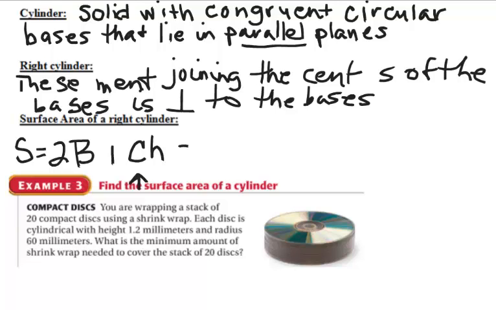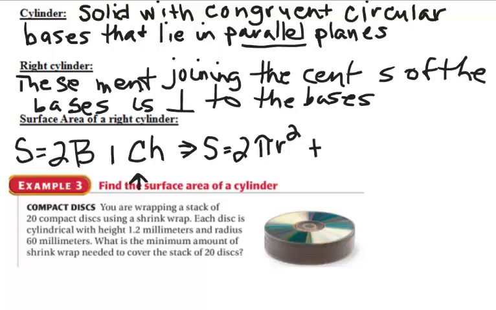And let's further look at this and say, okay, we've got a surface area of 2 times a base, but let's think about the base. It's a circle, right? So the area of one of those bases is pi r squared plus my circumference.